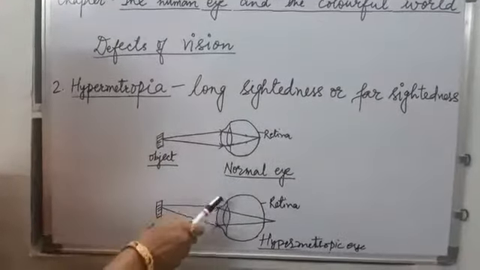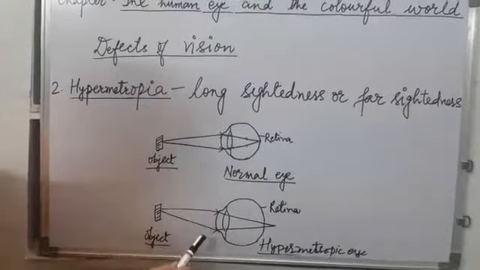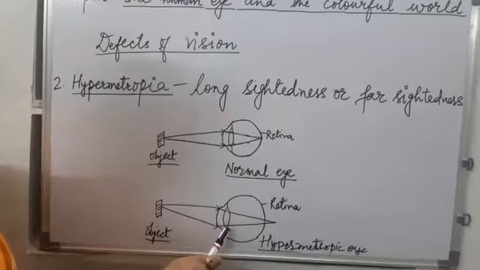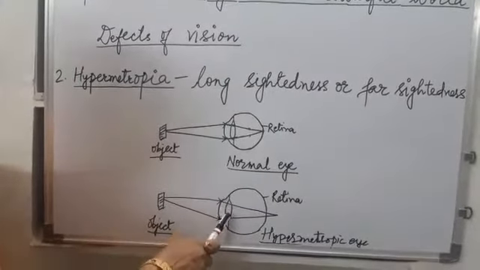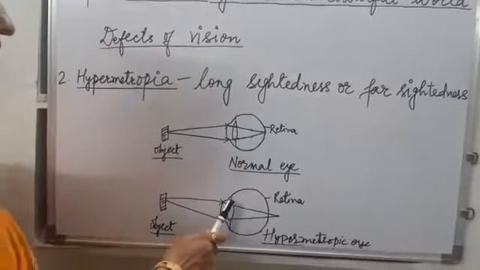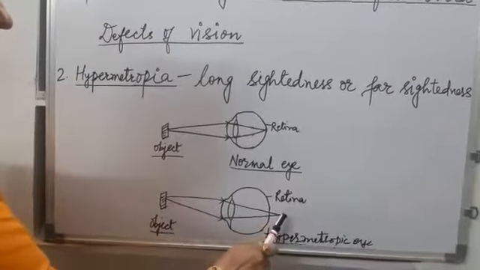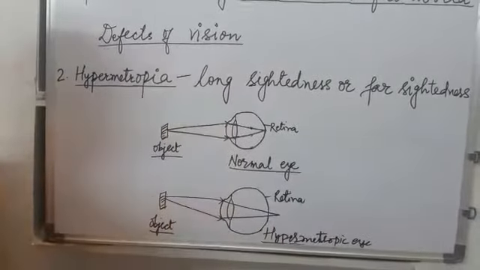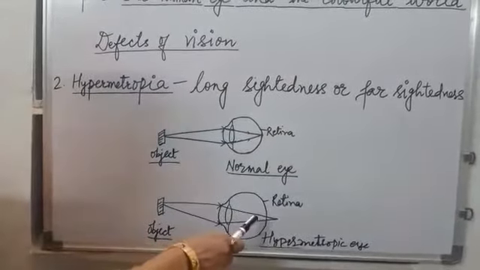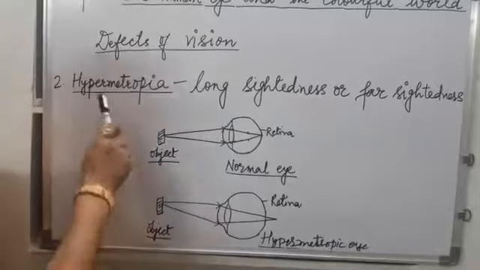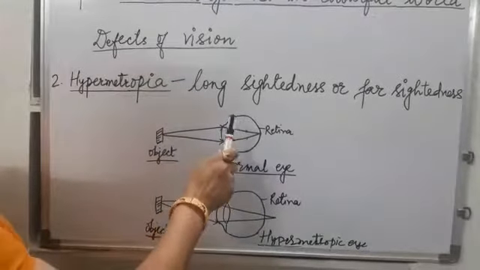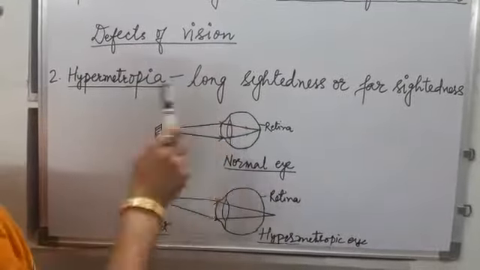This is one reason behind hypermetropia, that is the elongation of the eye lens or the increase in focal length of the lens, so that the converged rays meet behind the retina and the object doesn't seem clear to the person. The second reason of hypermetropia is the shortening of the eyeball.